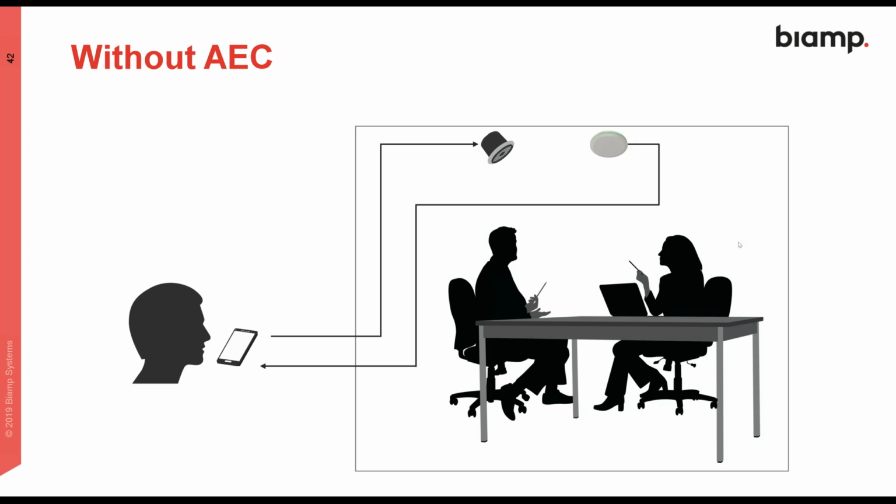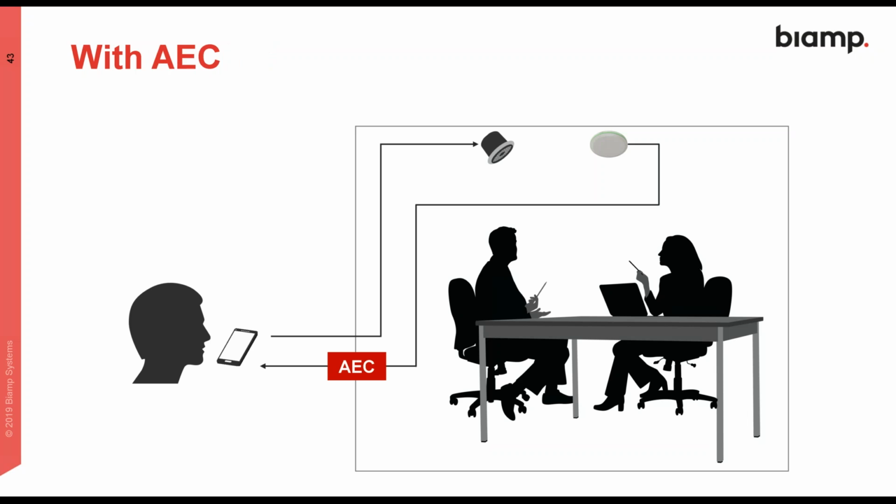And if there's no AEC, when the people in the room say hello, both signals are sent back to the far end. So the far end hears itself, and that's very disturbing. You can't really talk much if you hear yourself with a delay. It's nearly impossible. Very, very annoying.